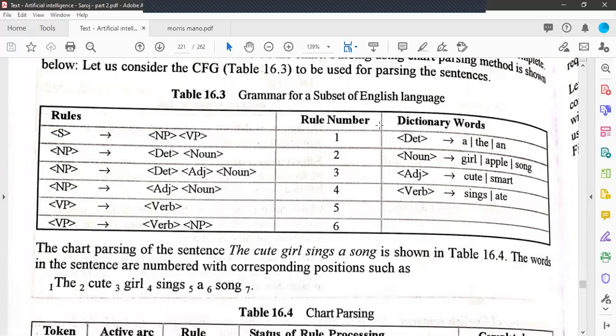This is the grammar used for creating a chart in chart parser. I think it's same as the previous one, same grammar. The sentence is the cute girl sings a song.